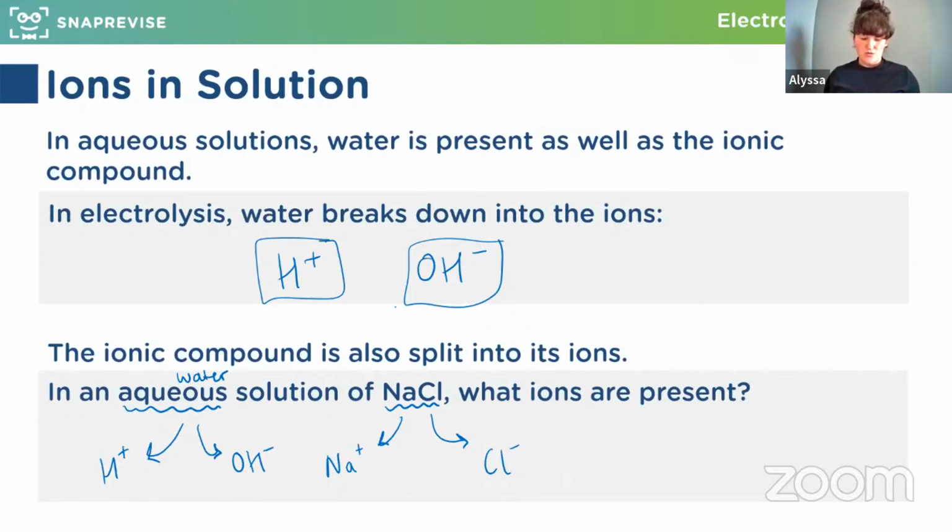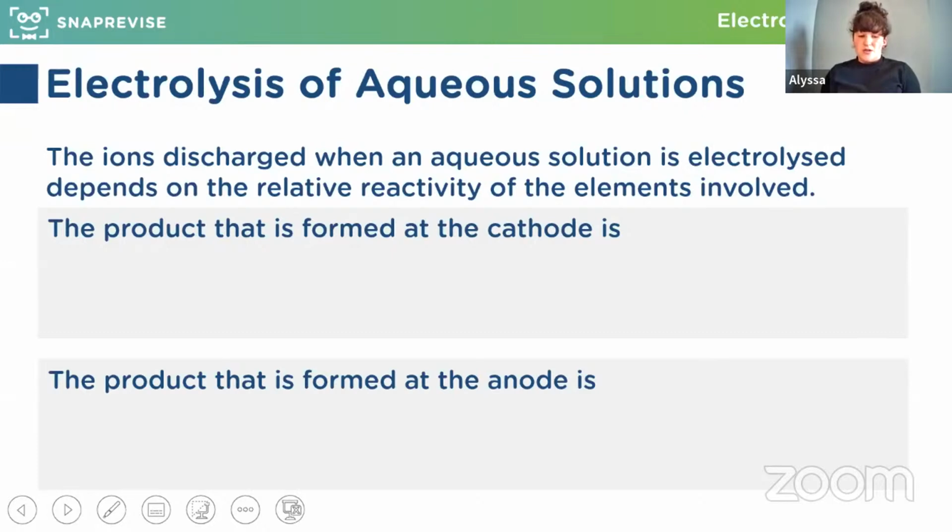So let's have a look at those rules that we need to know to decide what the product is. The ions that are discharged when an aqueous solution is electrolyzed depends on the relative reactivity of the elements involved. What that means is these 2 rules, which we need to memorize.